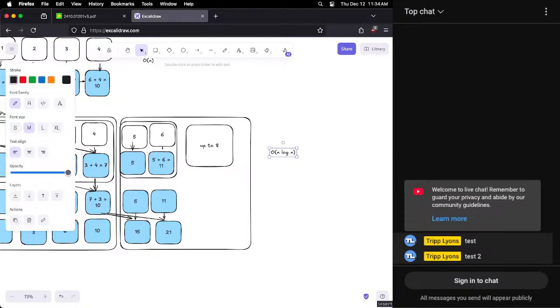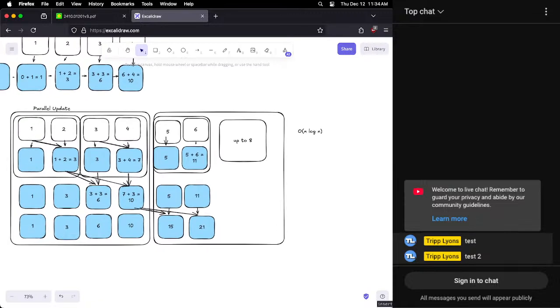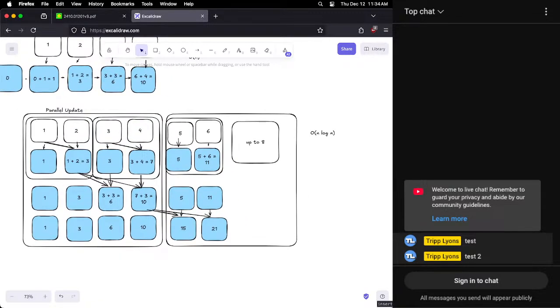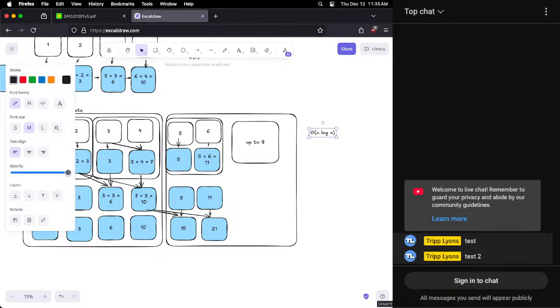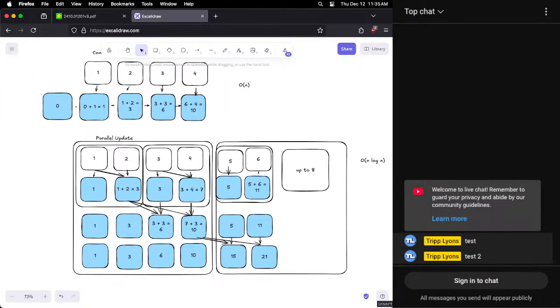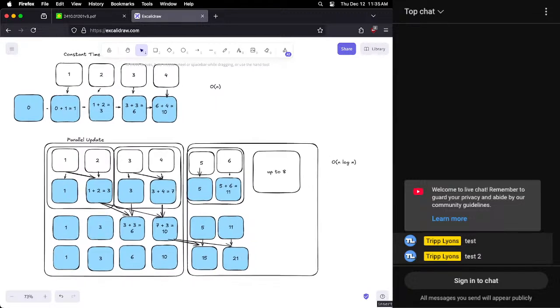And the log means how many times you have to double it in this case. So here we have to double it 3 times to get 8. So this would be 3 times 8 in this case, because there are 3 update steps. This first one, second one, third one, and 8 items.